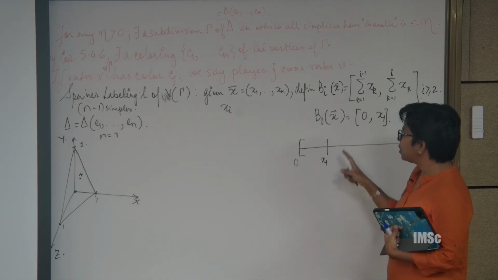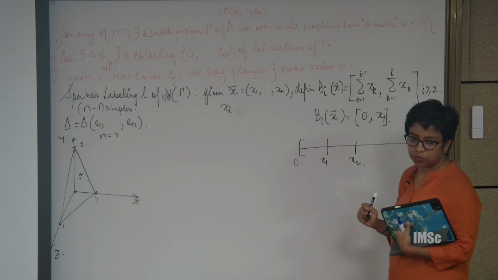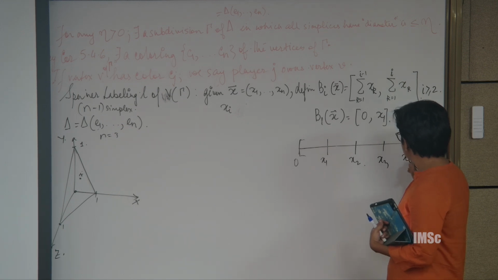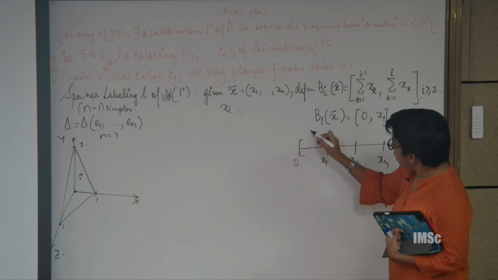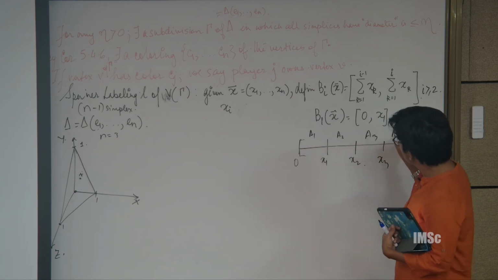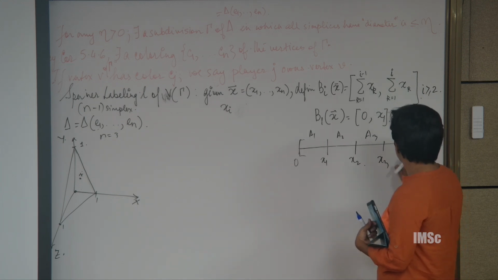Agent 2 gets the piece x_1 to x_2. Agent 3 gets x_2 to x_3 and so on. This is agent 1, agent 2, agent 3, agent 4. I have drawn too many, so I should not draw like this.